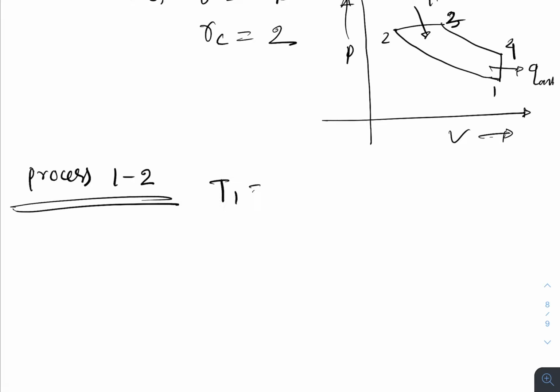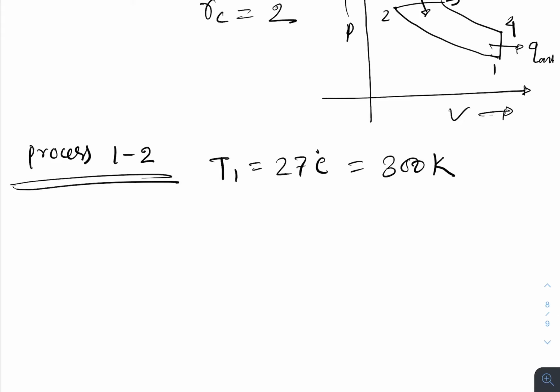For this process 1 to 2, from the TS diagram we know that this is an isentropic process. The temperature is given here, 27 degrees Celsius, which is 300 Kelvin.